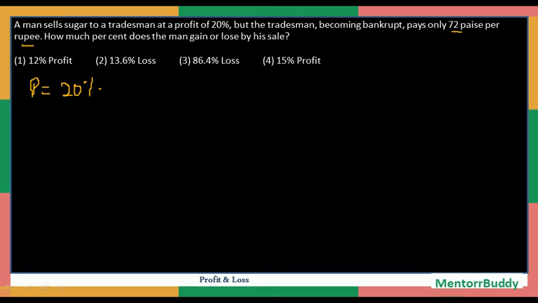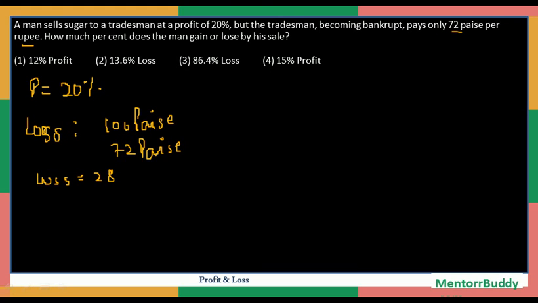How is the man incurring a loss? Let's understand this: ideally he needs to get 100 paise from the tradesman, but he is actually getting 72 paise. So overall we can see he is incurring a loss of 28 paise.